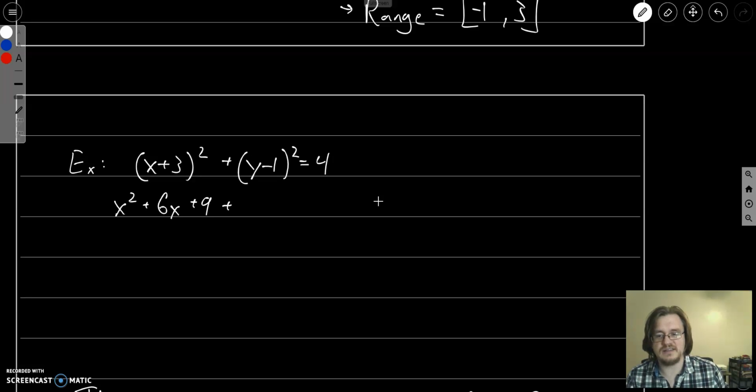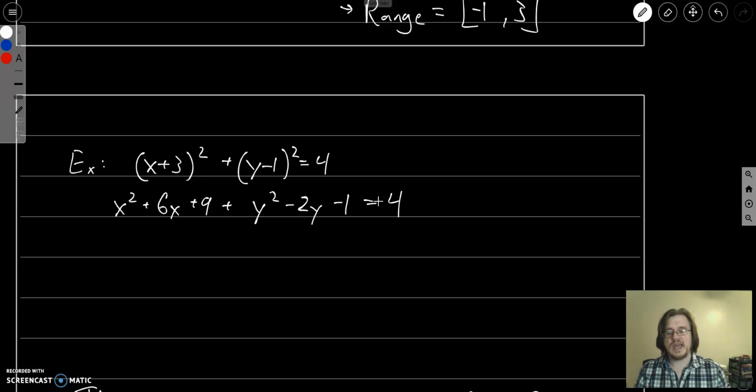If I take this binomial and square it, we'll get y² - 2y + 1, and that's equal to 4. And generally, when we have a polynomial, we normally like to make it equal to 0 on the right-hand side. So I'm going to subtract 4 from both sides.